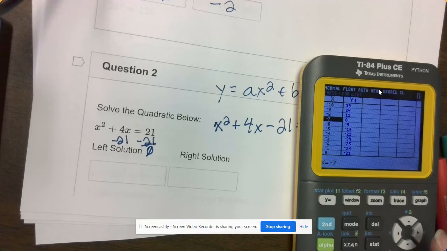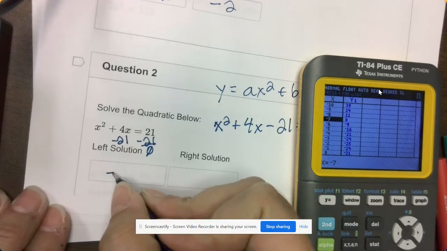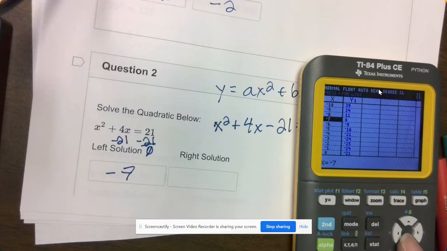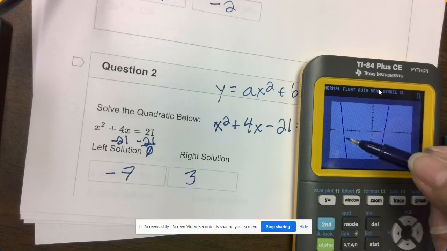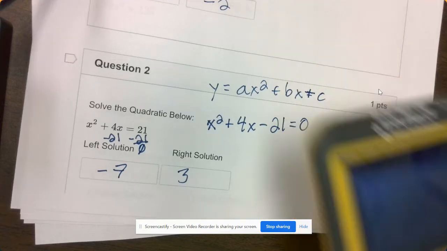So we have -7, and at 3. So -7 and 3. You can also just tell from the graph, everybody, by counting. Everybody notice we're reading the graph from left to right. So next one.